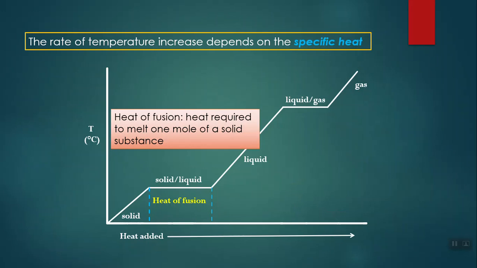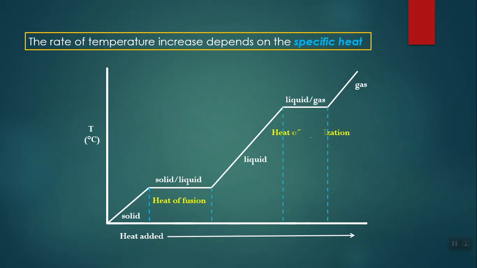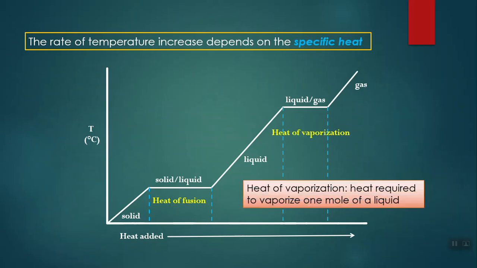When we talk about the energy exchanged during the melting point, we call it the molar heat of fusion. And the molar heat of fusion is the heat required to melt 1 mole of a solid substance. When we talk about the energy exchange during the boiling point, this is called molar heat of vaporization. The molar heat of vaporization is the heat required to vaporize 1 mole of a liquid.